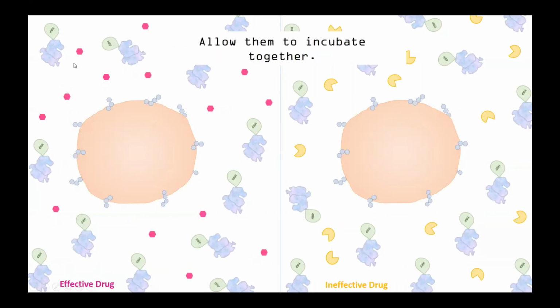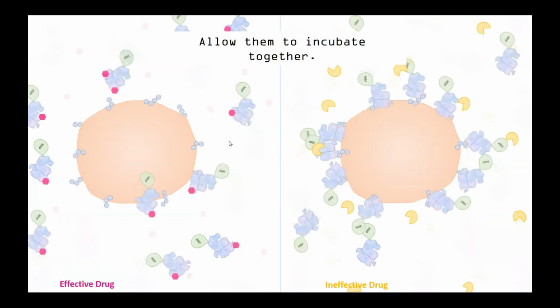So we'll allow these to all kind of incubate together over time. And what will be happening is we'll be allowing this drug to bind wherever it wants and allow the ricin HRP to bind where it wants as well. So you can see here the drug is actually binding to those carbohydrate binding spots on the B chain.